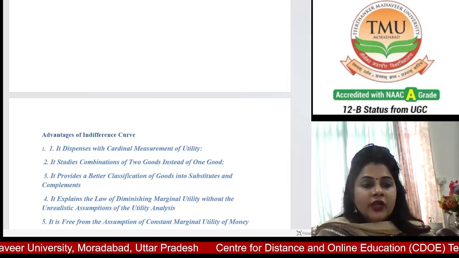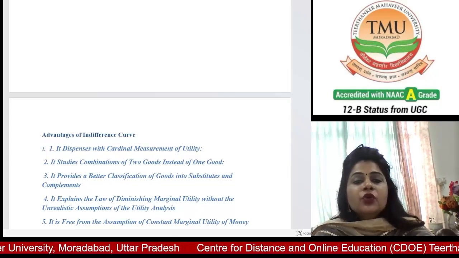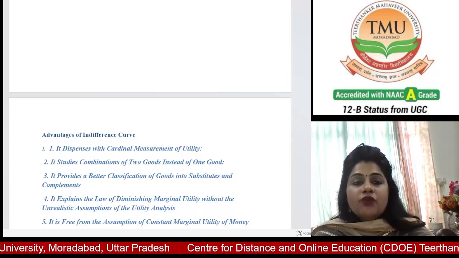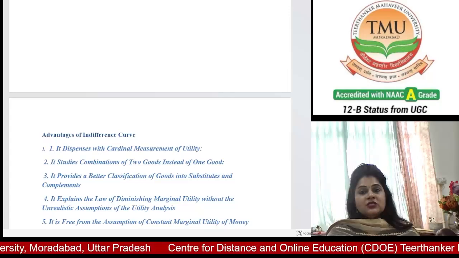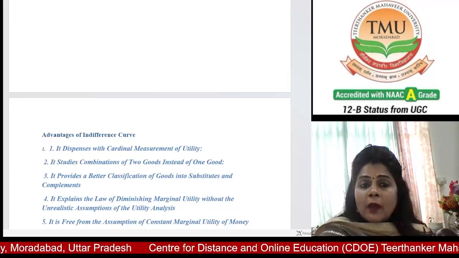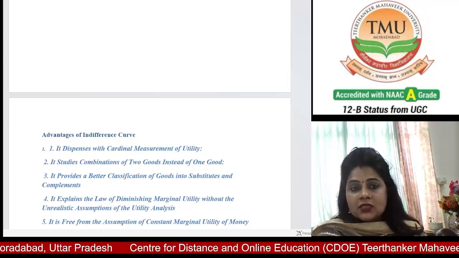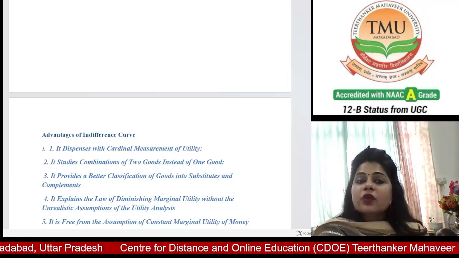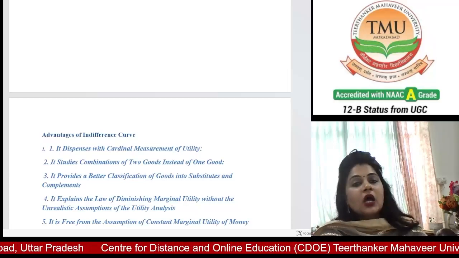the advantage of the indifference curve is that it studies combinations of two goods instead of one good. I have also explained it in the indifference curve, indifference map, and indifference schedule. The utility approach is a single commodity analysis in which the utility of one commodity is regarded as independent of the other.